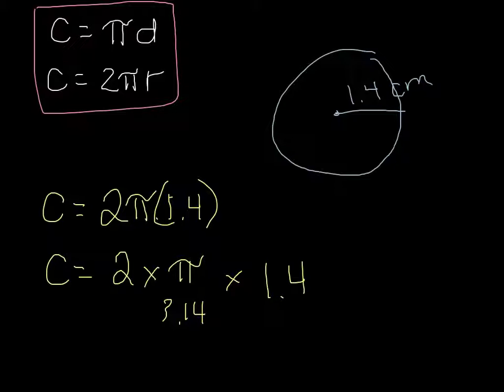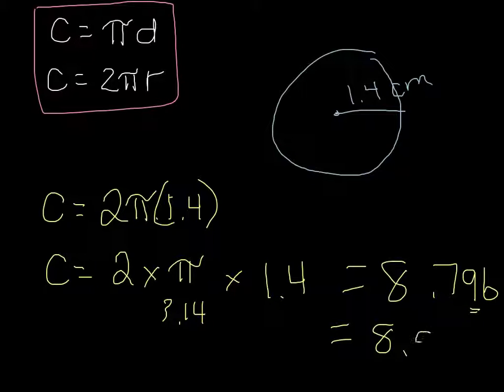So if I type that into my calculator, it comes up with 8.796. However, we can just round to 1 decimal place, and remember rounding. So this would round up to 8.8 centimeters. So always remember our unit. 8.8 centimeters would be the circumference of our circle.